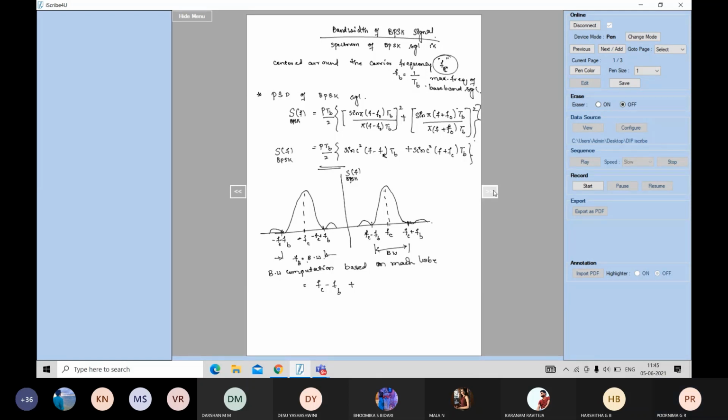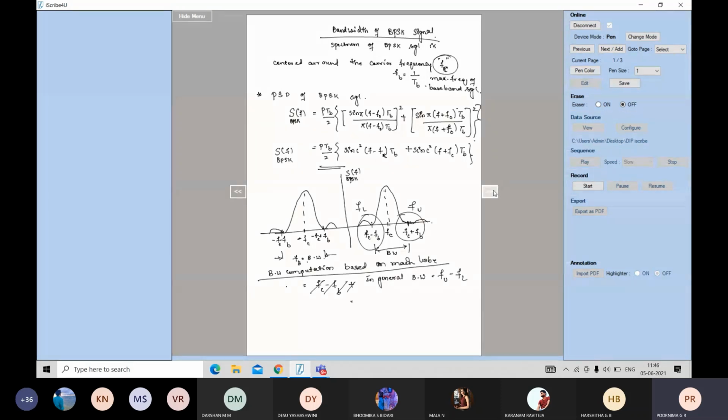In general, bandwidth is equal to the upper frequency minus the lower frequency, FU minus FL.